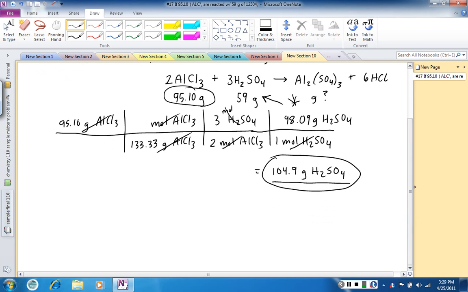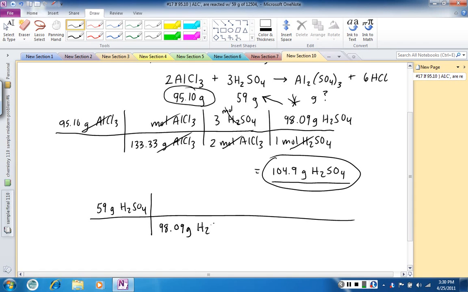So you take your limiting reagent, which is 59 grams of H2SO4. We already said it weighs 98.09 grams per mole.